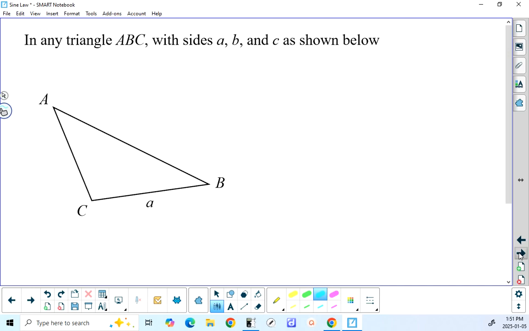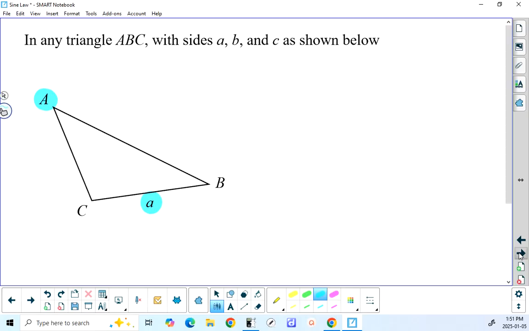And the side and the angle that have the same letter, for example, the capital A and the lowercase a, are always across from each other. So if you take a look at the screen right now, you can see that these two items are across from each other. And if you take a look on your paper and you look at where capital A is and lowercase a is, you'll see they're across from each other.